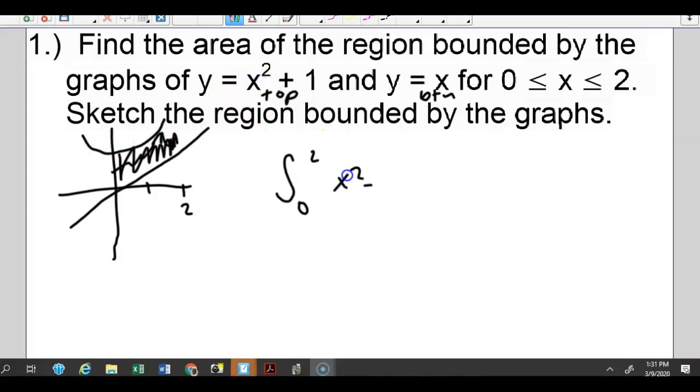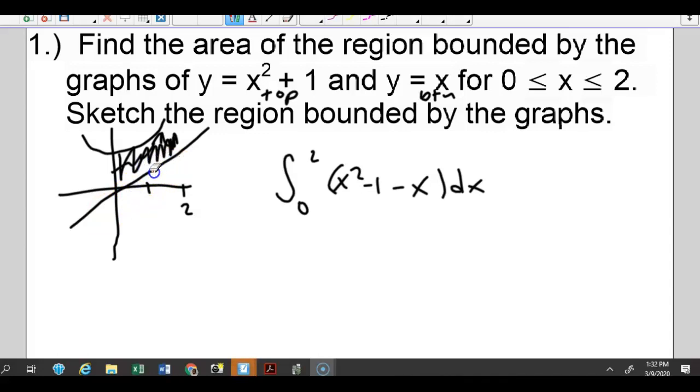So we're going to do x squared plus 1 minus the bottom, which is x, dx. The parabola is the top of this area. You see what I'm saying? The y equals x is the bottom of this area.